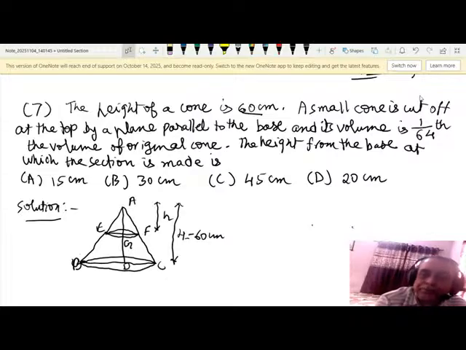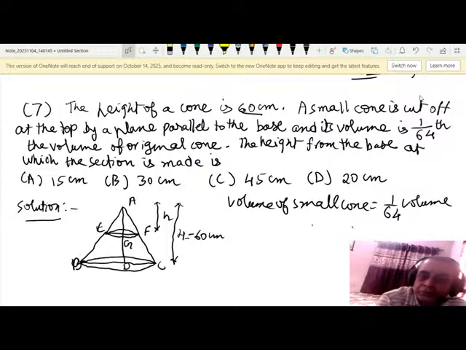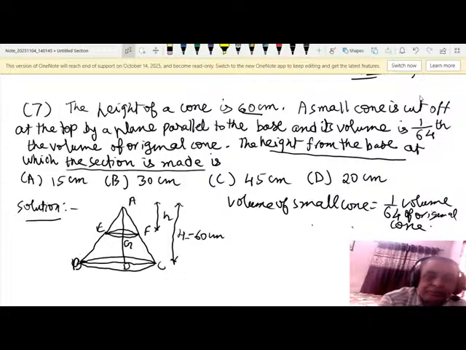Now it is told to us that the volume of the small cone is 1 upon 64 times the volume of the original cone. The question is asking for the height from the base at which the section is made, that is, the base of the smaller cone which is cut is at what height from the base of the original cone.